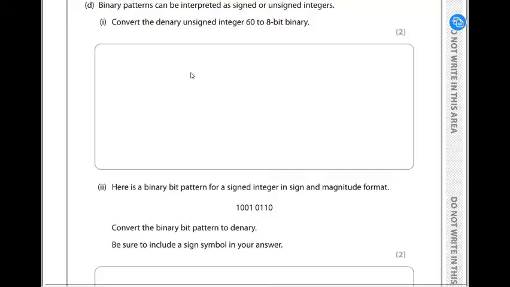Wait a minute. So we're going to have 2 zeros. 128 doesn't go into 60 and 64 doesn't.